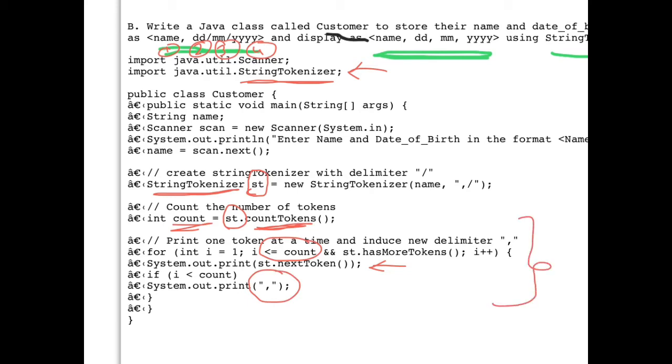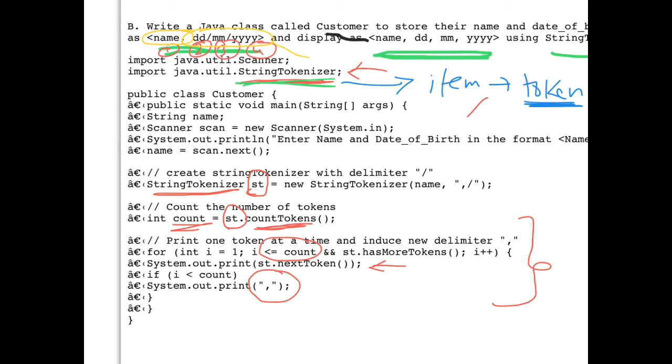The StringTokenizer class is responsible for converting an input into tokens. The delimiter, the separator we are considering here, is the forward slash. The input you have taken is a name and then the date followed by a forward slash, followed by a month, followed by a forward slash and then the year.